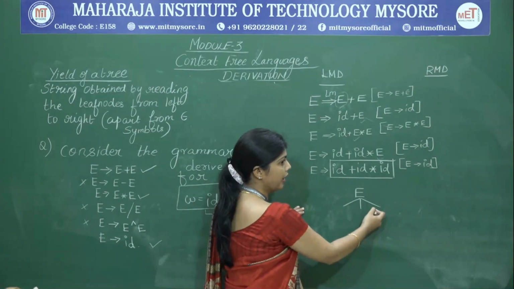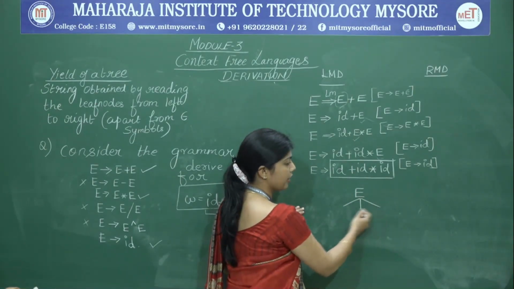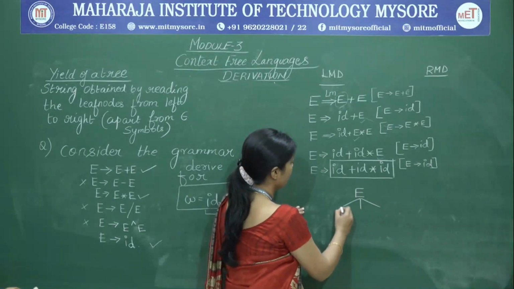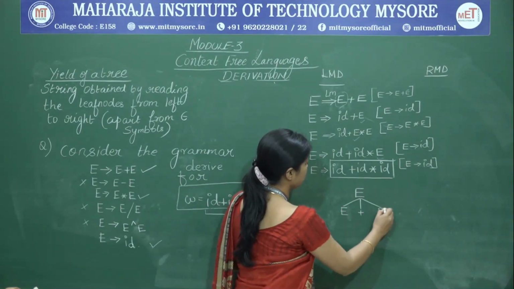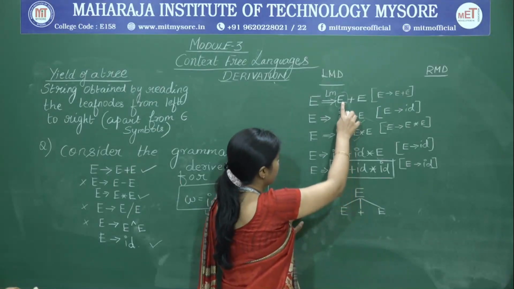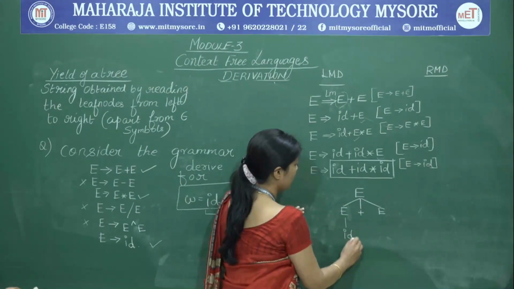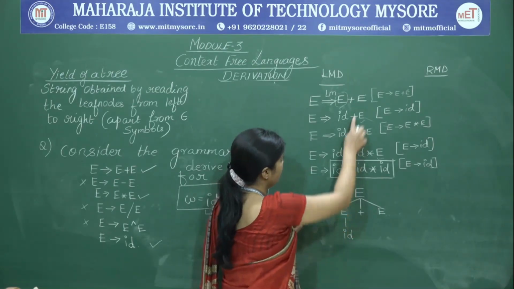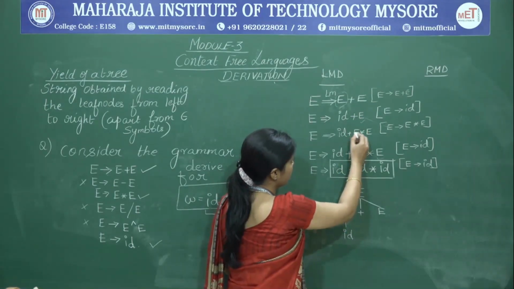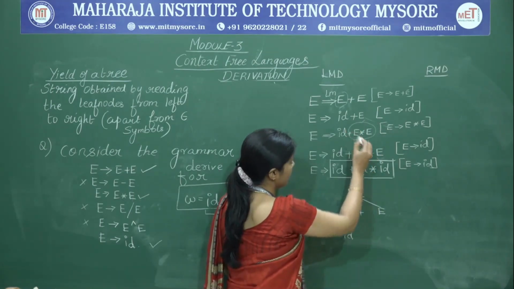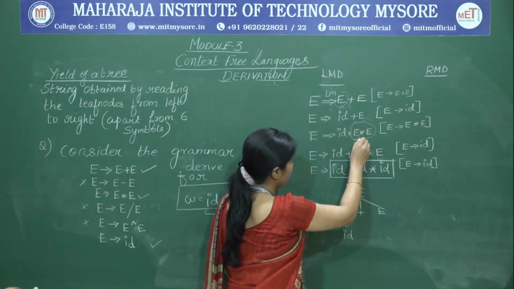Whatever is there on the RHS. Okay. So E plus E. Then this E is replaced by id. So write id here. Its child is id. Then this E is replaced with E star E.